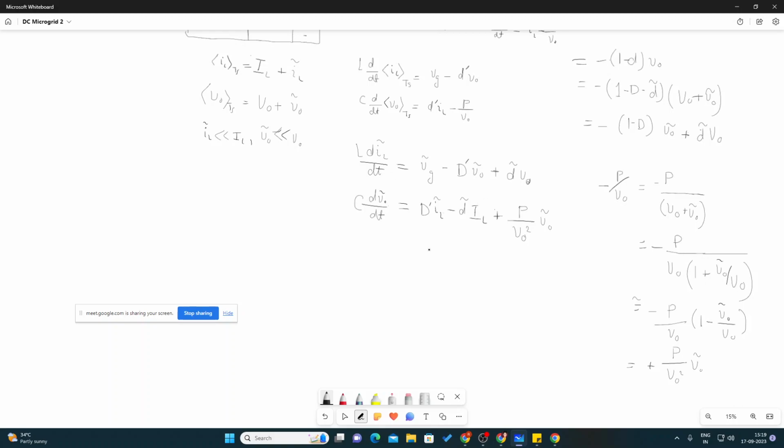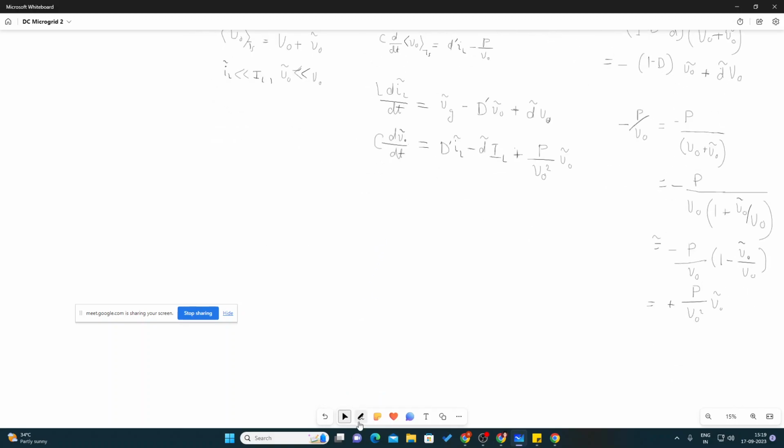Now to express this in terms of state space expressions, we can write d/dt of [IL tilde, V0 tilde] equals, our first state variable is IL. Here we don't have any term of IL, so it's 0.